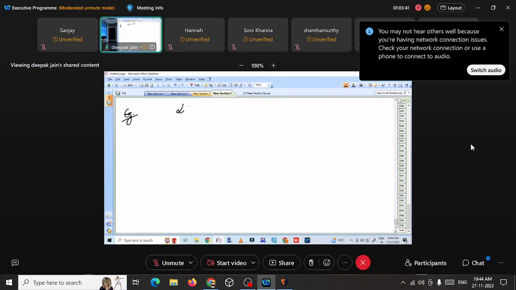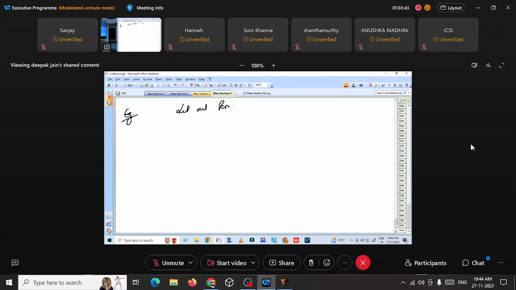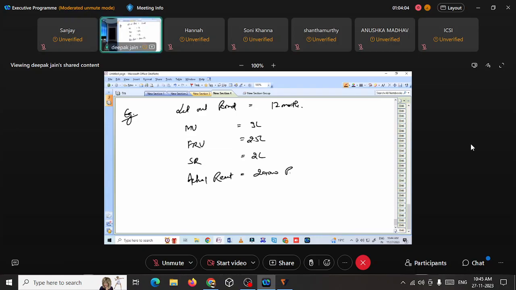Let out period 12 months. Municipal value 3 lakh. Fair rental value 2.5 lakh. Standard rent 2 lakh. Actual rent 20,000 per month.